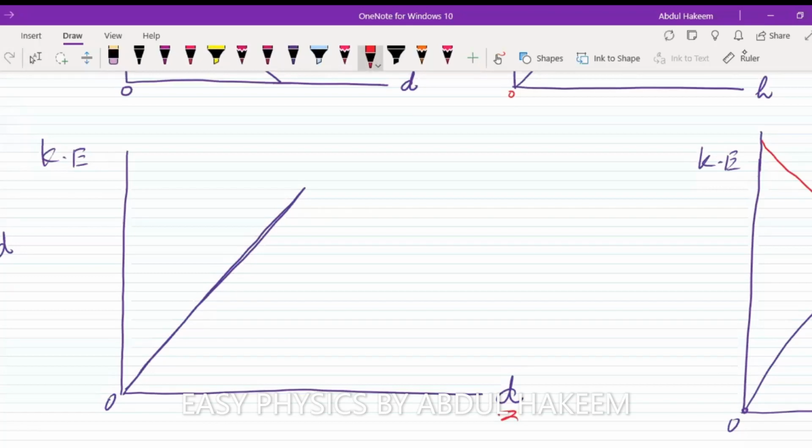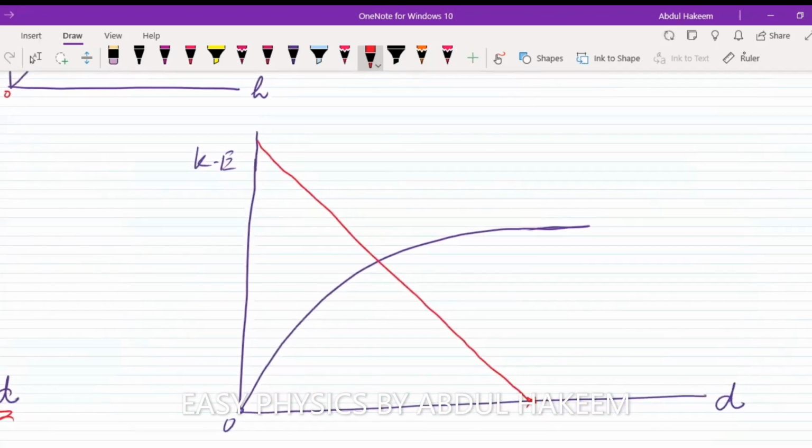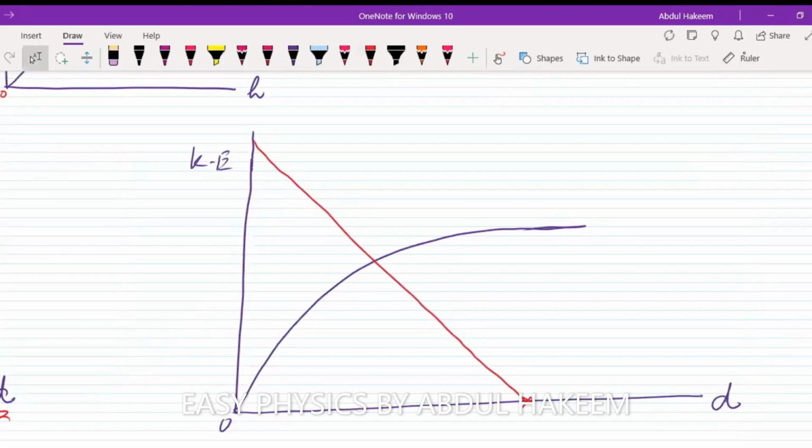Plotted against the distance covered by the object, kinetic energy in the absence of air is a straight line passing through the origin. But if air is considered, the falling object may achieve terminal velocity, and then this is the graph for the kinetic energy.